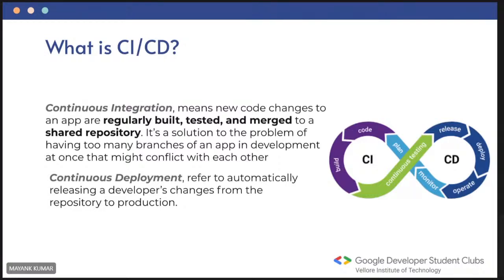So in this pipeline, first you are planning, then you are coding it out and building it. Then you're testing all of these together, and you're merging all these features into the same code repository.